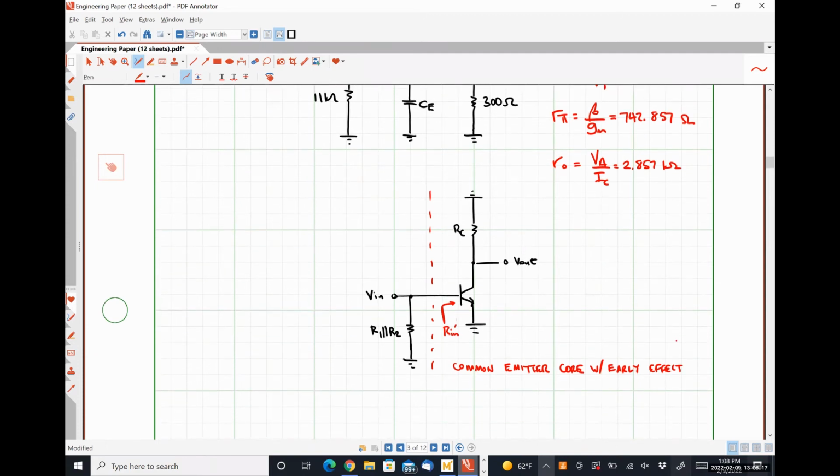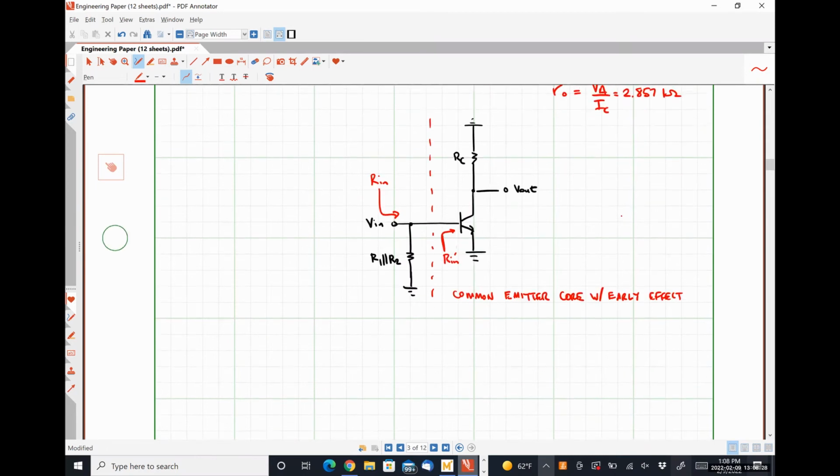So if Rin prime is just r pi, what do we see looking in here? We're still looking in through the input terminal, right? So we should see between this node and ground, R1 in parallel with R2. And then between this node and ground, we see r pi, right?